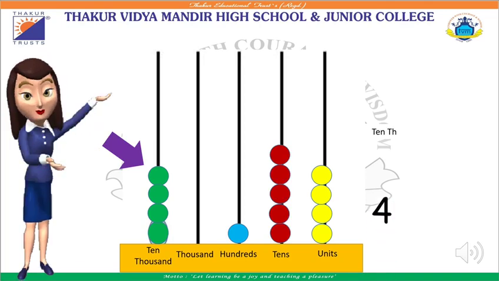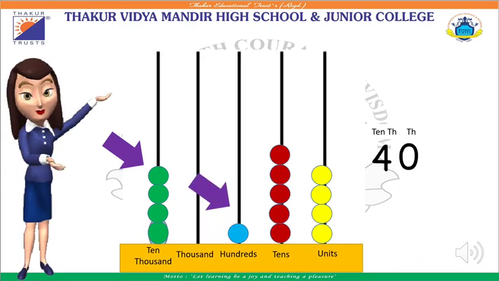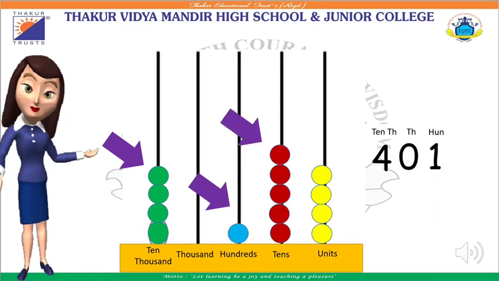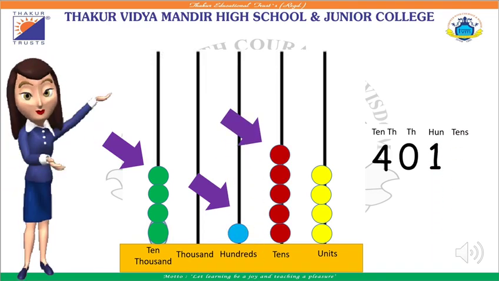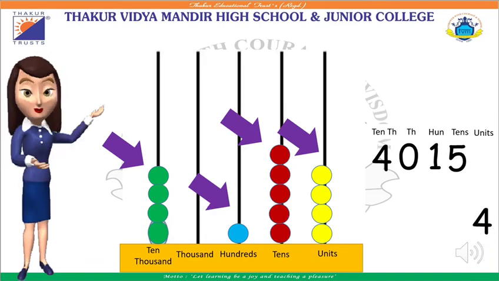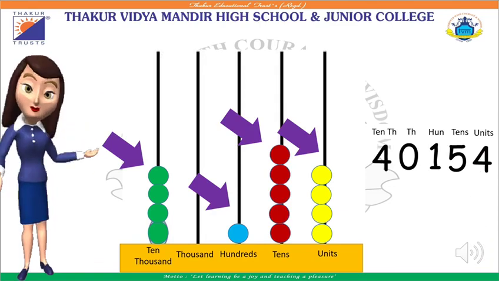In 1000 place, there is no ball, so it will be a 0. In 100 place, how many balls are there? 1. Tens place, it is 1, 2, 3, 4 and 5. In units place, there are 1, 2, 3, 4 balls. So the figure will be 40,154.